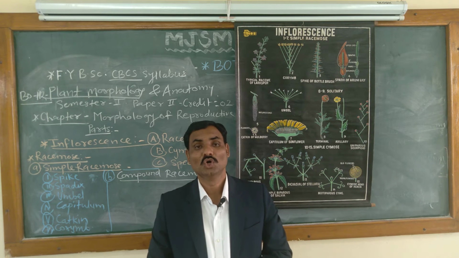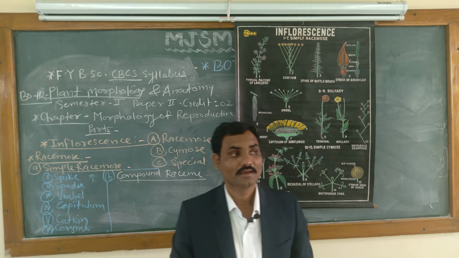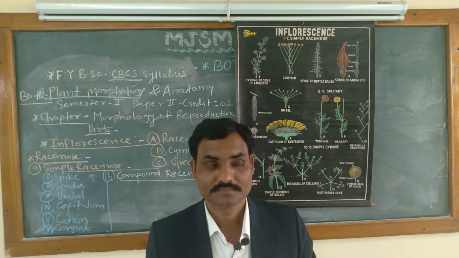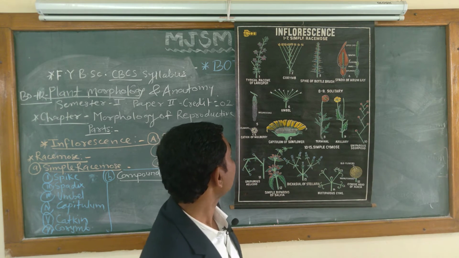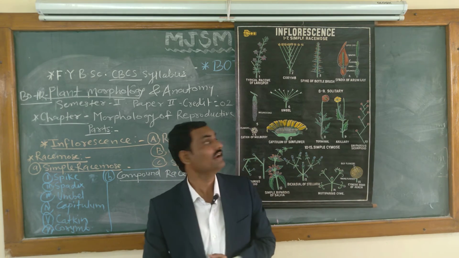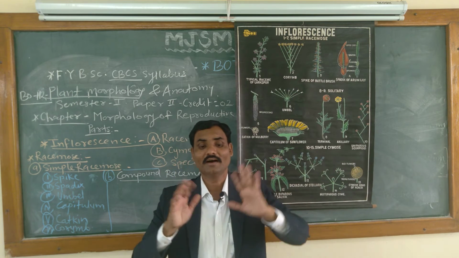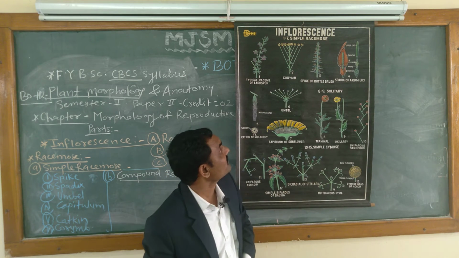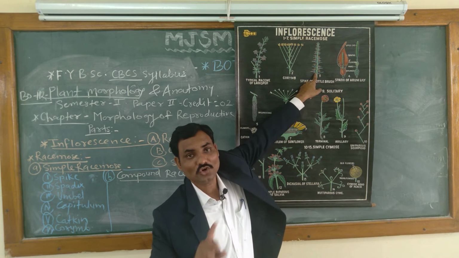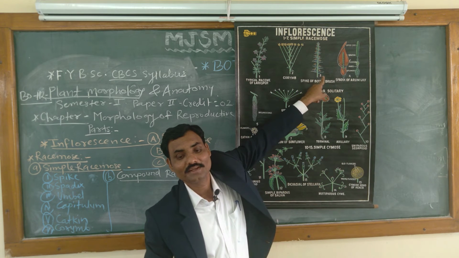First is a simple spike, and another is a compound spike. What about simple spike? The main axis is elongated and unbranched. The flowers are sessile. They do not have a stalk, and that type of flower is called sessile.